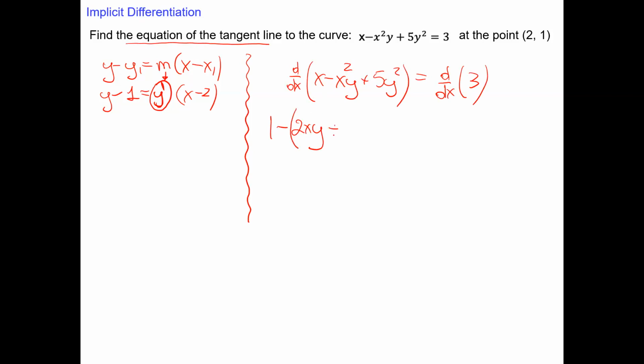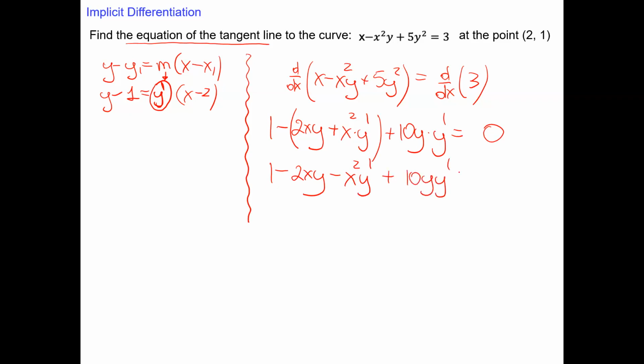Then I will distribute the negative. X squared times the derivative of y is y prime. And the derivative of 5y squared is 10y times y prime. Derivative of 3 is 0. Let me distribute the negative. Please do not mess up.